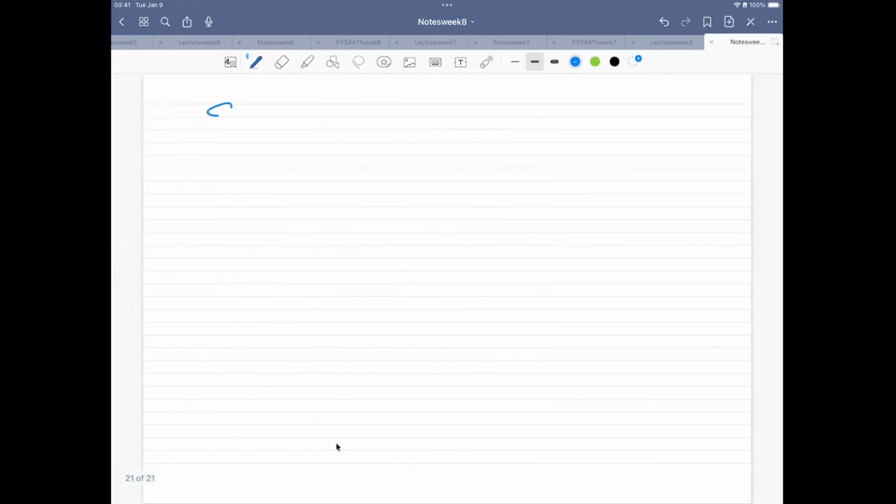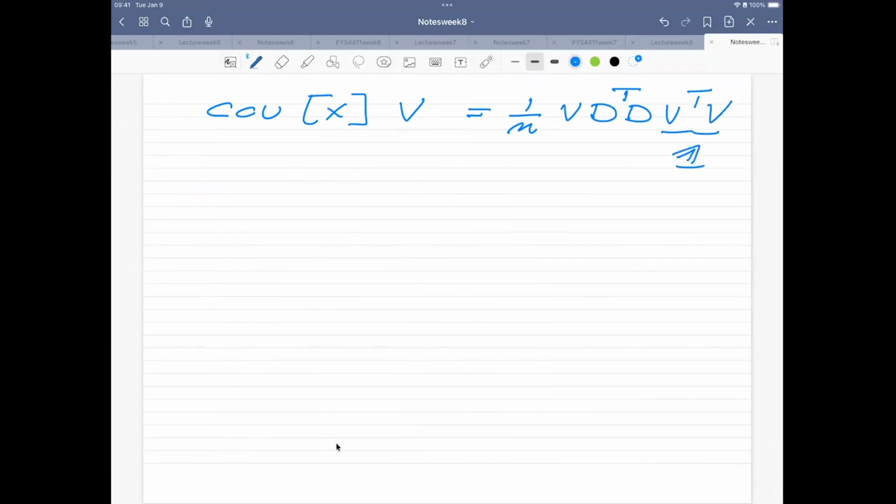I have the covariance matrix, which we have defined, multiplied with V, and that is equal to 1 over N of V, and then I have D squared D transpose, which is the same as D squared, multiplied with V transpose, multiplied with V, and that's equal to the identity matrix.